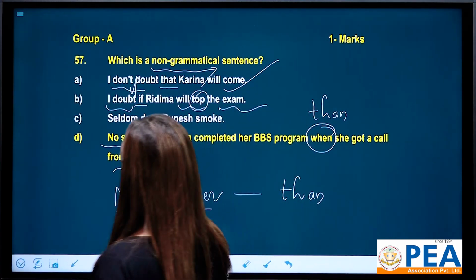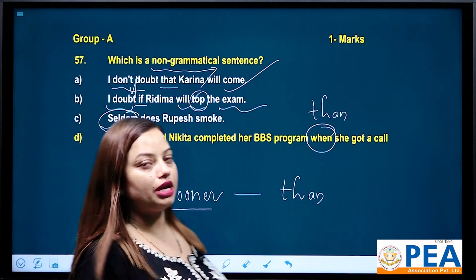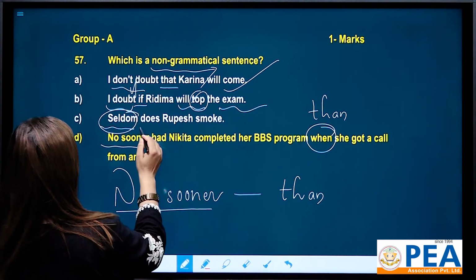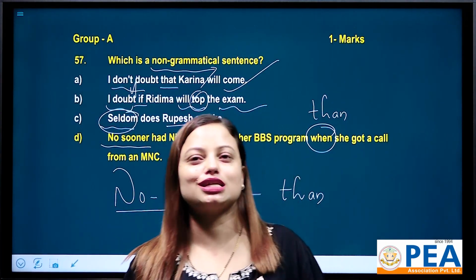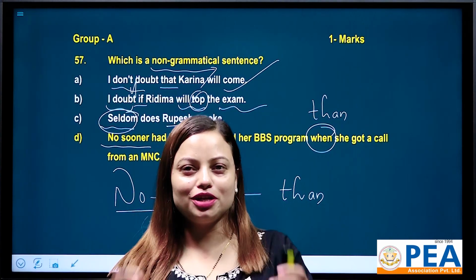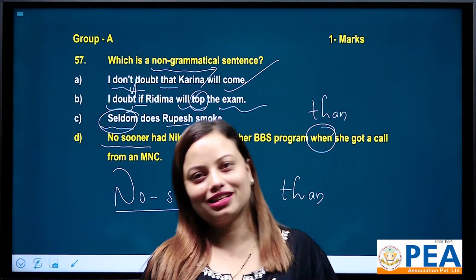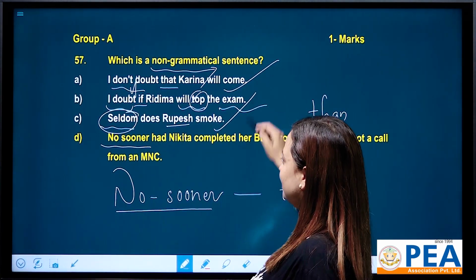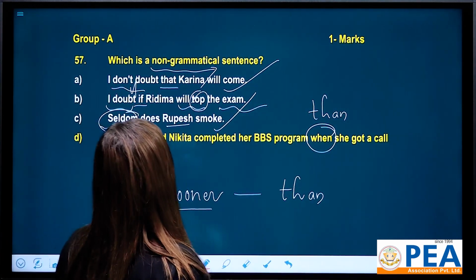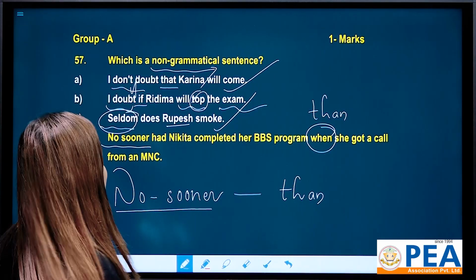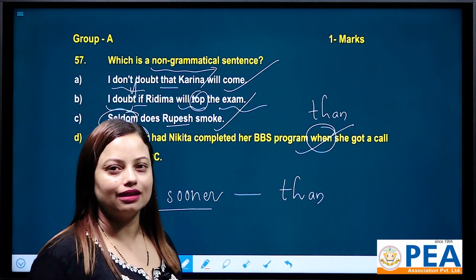Yes, in this seldom, first you have kept your verb in front of your noun. This is called inversion. And this is also true. Whenever you keep your verb in front of the noun, then it is called inversion. That's why this is also true. That's why among these 4 options, we can say option number D is a non-grammatical sentence, because no sooner should be followed by TSA and then.